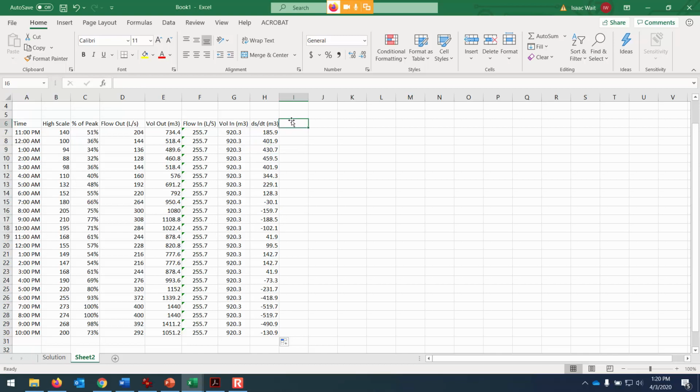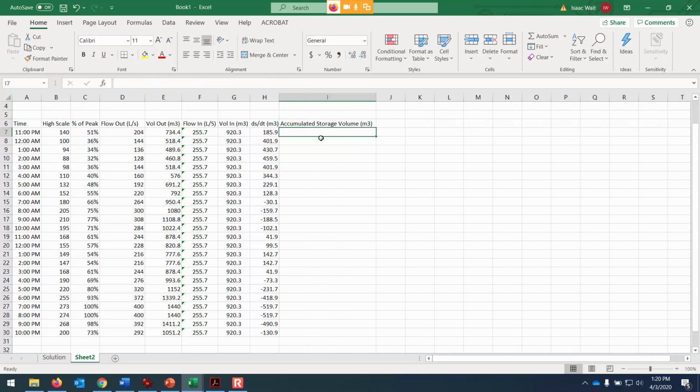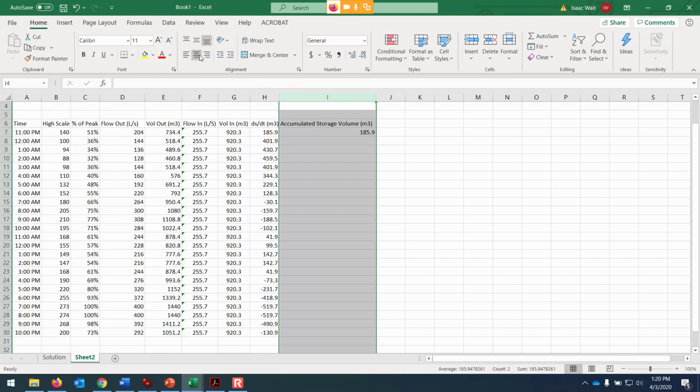So this final column is accumulated storage volume in terms of cubic meters, and this is where we're going to look at over time how full is the reservoir. And we assume that it starts completely empty at the 11 o'clock hour, and so the first accumulation is just how much came in during that hour period.